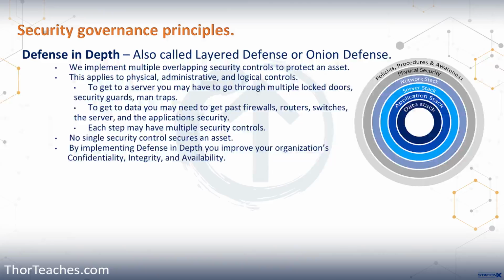But what if it's logical access? Same thing applies here. To get to the data that you want, an attacker might have to go through IPSs or IDSs, firewalls, routers, switches, servers, applications. All of these have security built in that by themselves might not be enough. But if there's another layer and another layer and another layer, it's much harder to get to what they want.